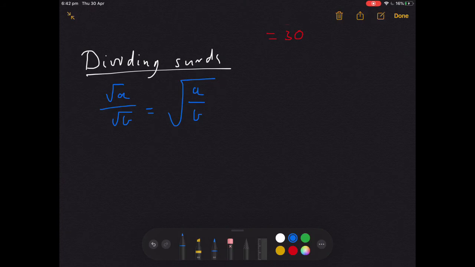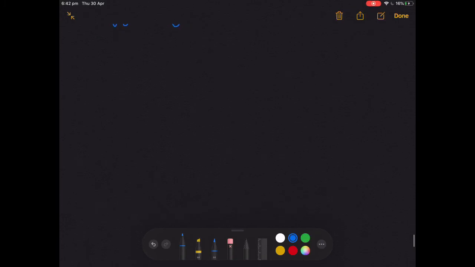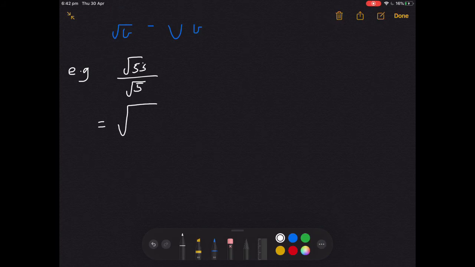So let me show you some examples. We can have root 55 on root 5. You can combine root 55 on 5 and then simplify the fraction underneath the radical sign. Root 11. Finished.